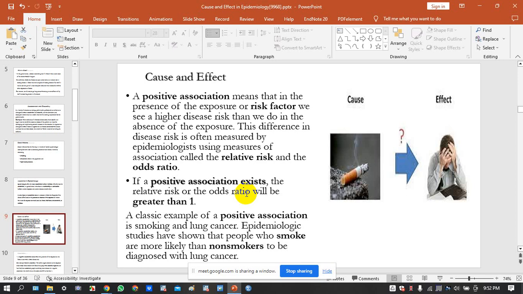Please answer fast then. Oh, please, who is answering the question? What about relative risk?